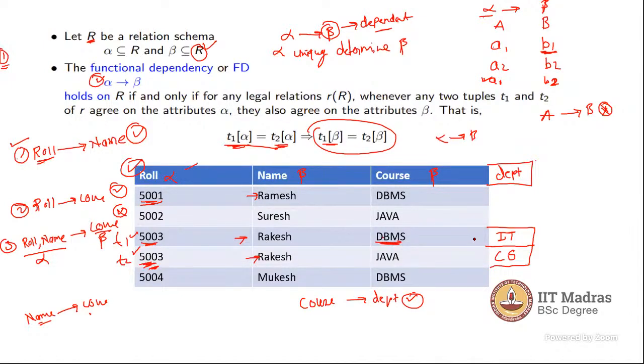For DBMS, it is determining IT, and for Java, it is CS. So this functional dependency holds true here because DBMS is uniquely determining IT department and Java is uniquely determining CS department. Now, suppose instead of Java, I put DBMS here. Now this functional dependency will not hold true because DBMS belongs to IT department and also to CS department.